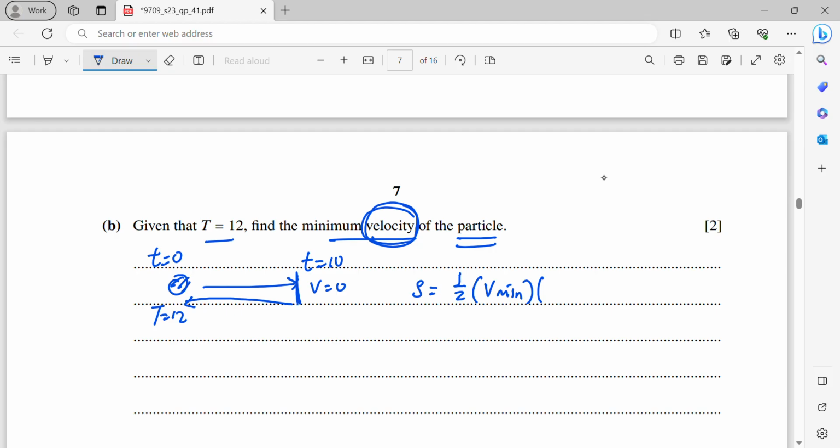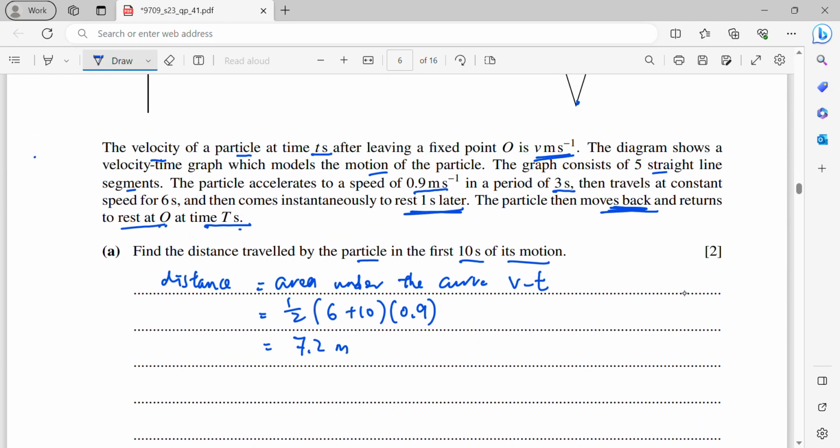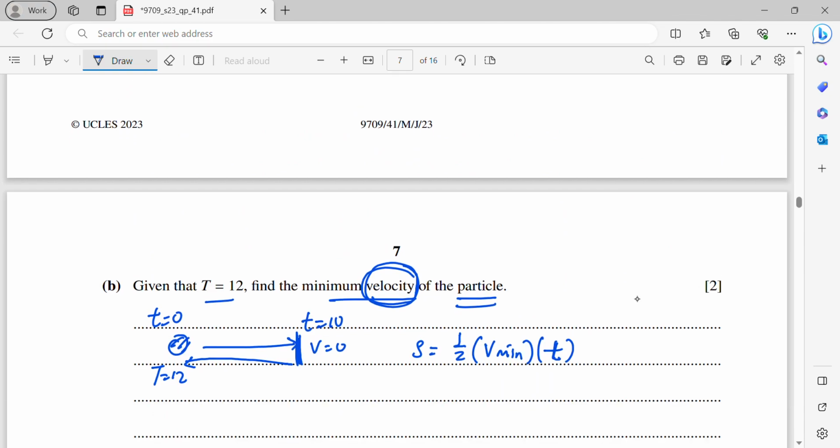So look at here, this is the time, let it be t. Now the s here, the one-way distance for the first 10 seconds, the total distance is 7.2 meters. When you go back, it will be the same distance, 7.2.